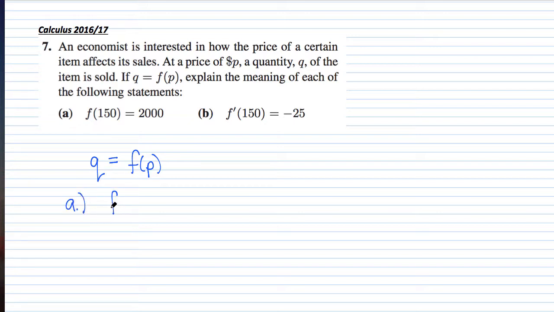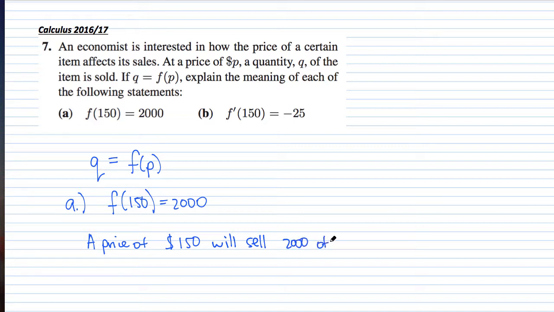So for A, if we have the statement f of 150 equals 2,000, that means a price of $150 means you will sell 2,000 of an item. So that is our interpretation of this first statement.